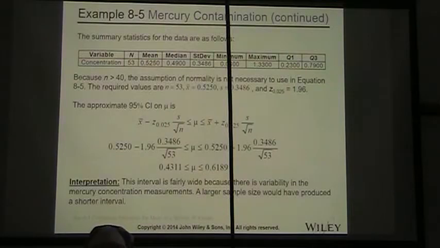Our standard deviation is 0.3486. Our minimum value is 0.0400. Our maximum value is 1.3300. Our first quartile is at 0.2300.